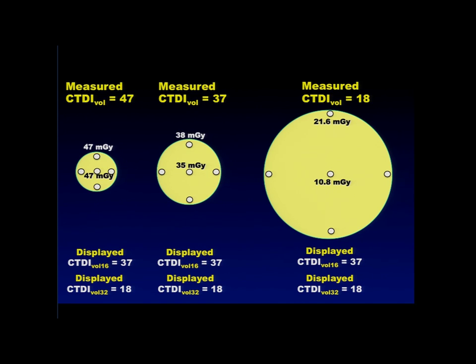The dose to the baby was 2.5 times greater than the dose represented by the CTDIvol. What happens? The radiologist or the technologist that thinks CTDIvol is patient dose says, great, my dose is really low. It's only 18 milligray. It gives them a false sense of security.